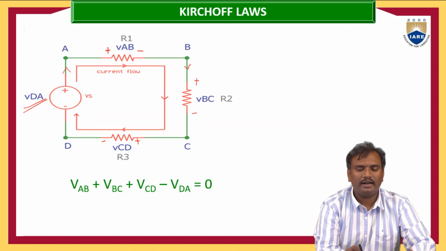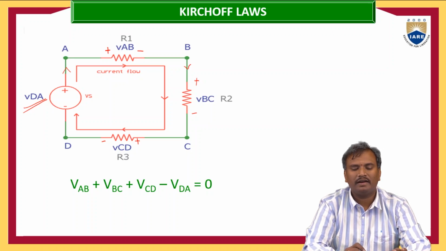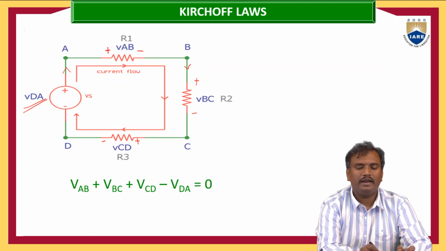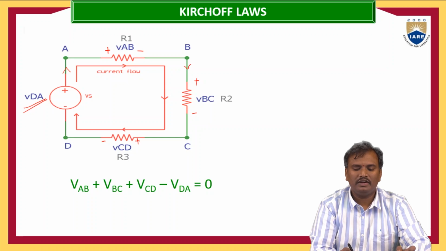So here the current entering terminal for this source is negative. So that is minus VDA.